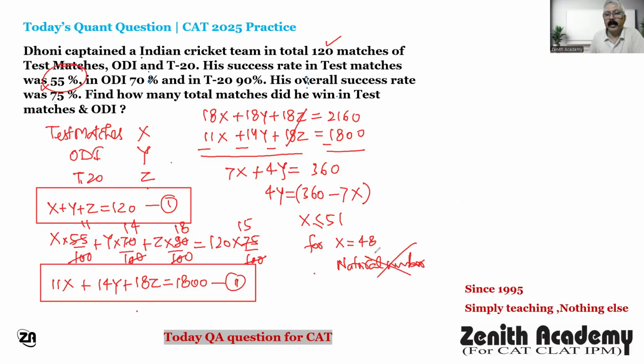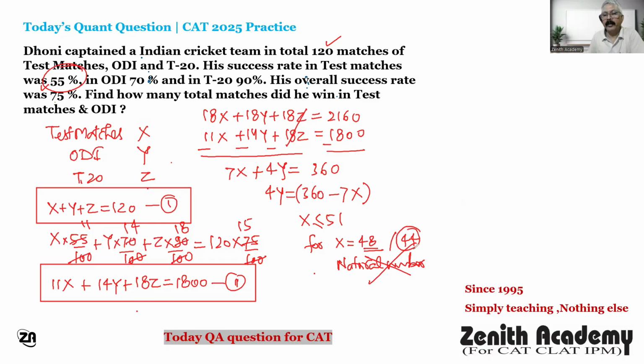If you take 55% of 48, it does not come out as a natural number. So the number of victories must be a natural number. It means 48 is not a desirable value of x.